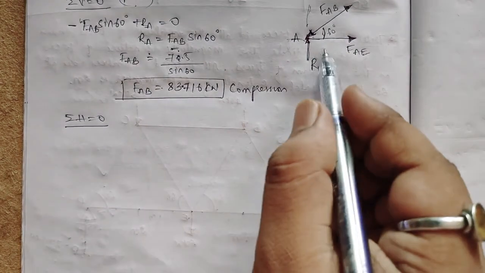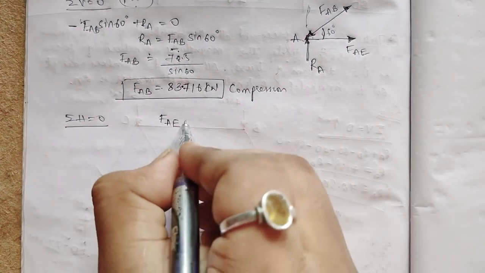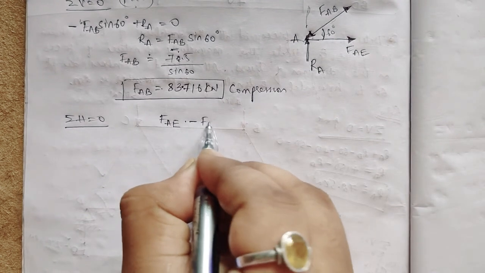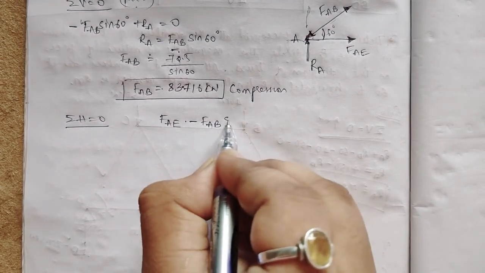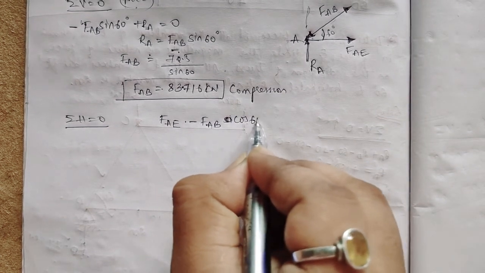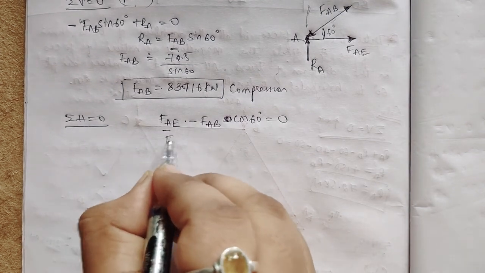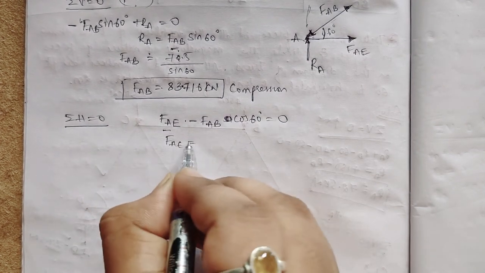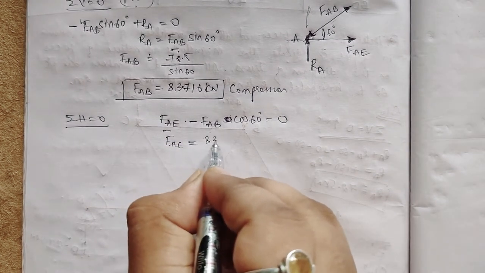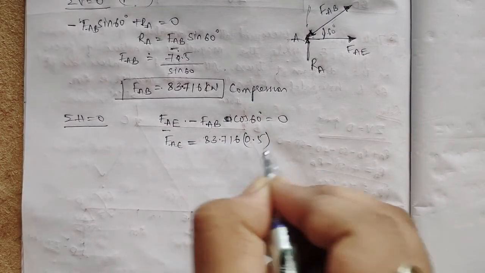Now summation of horizontal force is equal to 0. Horizontal force FAE is positive, then FAB comes negative, so minus FAB cos 60 degree is equal to 0. So what I want is FAE. I'll transfer this to that side. FAB is 83.716 into cos 60 degrees, 0.5.